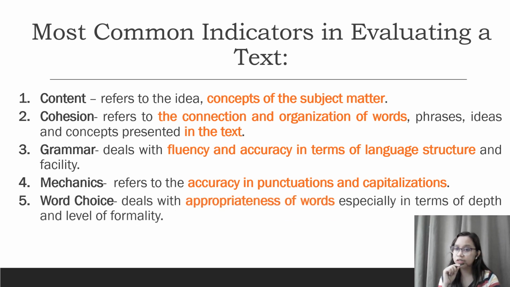Number 5, word choice. When we say word choice, it deals with the appropriateness of words. Are the choices of words correct, or are they casual or formal? For example, the word choice in a text that is all about teenagers. The author may use a casual level of formality. So, for example, when they are conversing, the author might use millennial terms, and hindi masyadong magiging formal yung text.